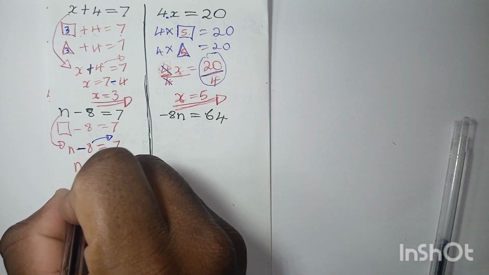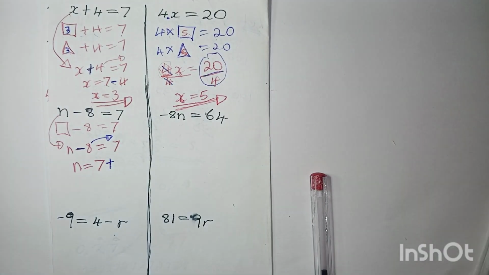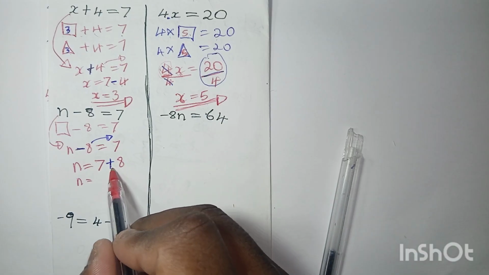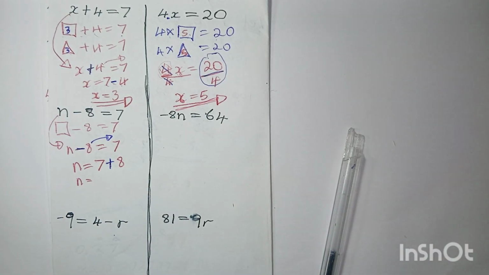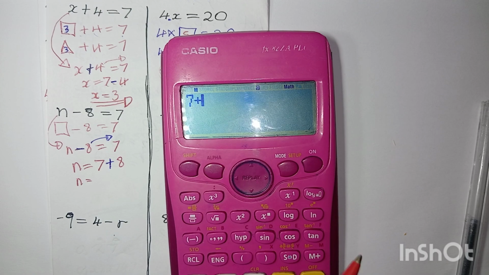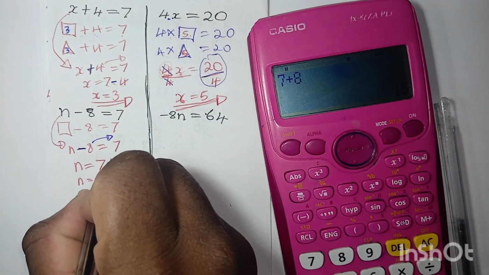It becomes 7 plus 8. If I add this on my calculator, you will find that 7 plus 8 is 15. Meaning the value here is 15.